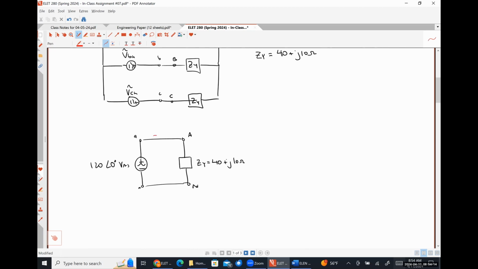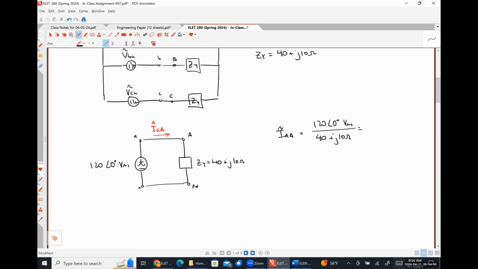So my line current is the current that's flowing from transmission line terminal lowercase a to transmission line terminal uppercase A. So how would I find IAA? Exactly right. It's just going to be 120 angle 0 degrees volts RMS divided by 40 plus J10 ohms.